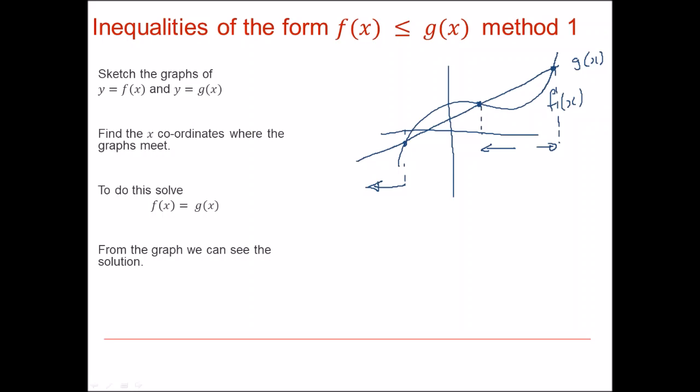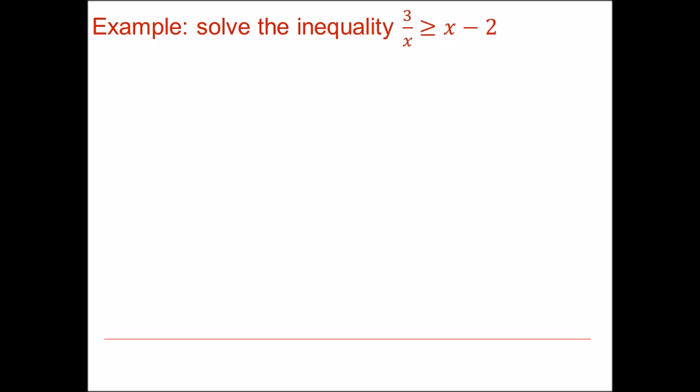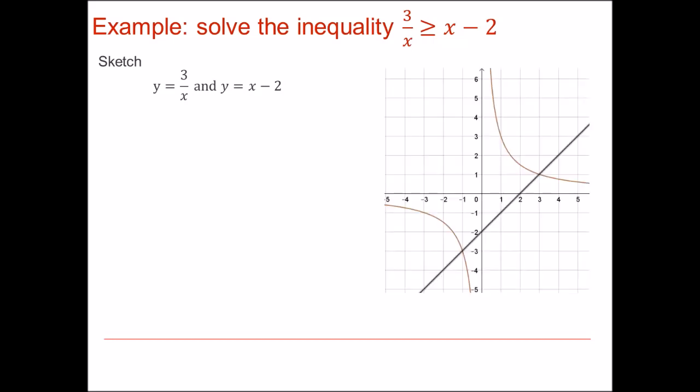So let's look at that in a specific example. Let's solve the inequality 3 over x is less than or equal to x minus 2. We can sketch those two graphs, they're quite straightforward to sketch.